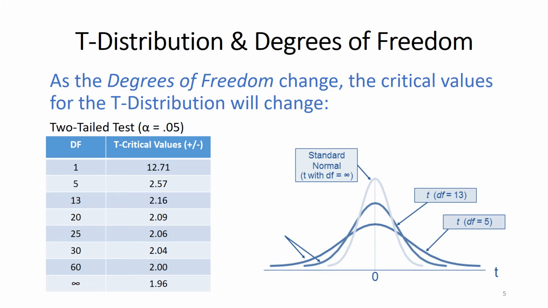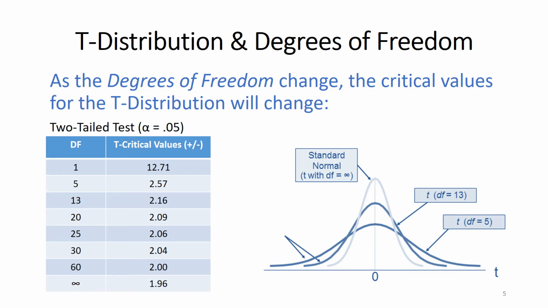When we have small sample sizes, the shape of the t-distribution tends to be wider and flatter than the standard normal curve. So if you look at our illustration on this slide, you'll see the one curve that says t with the degrees of freedom equal to 5 is the widest and flattest curve in that illustration.